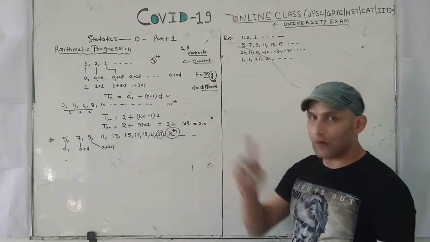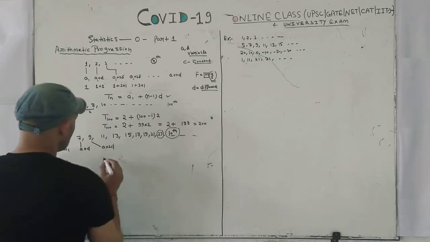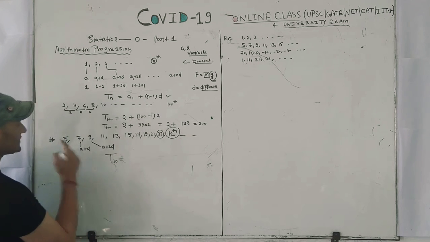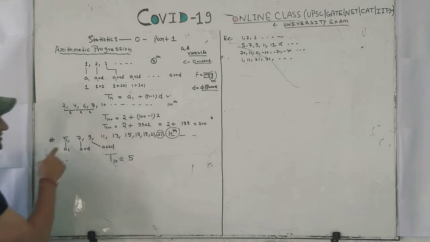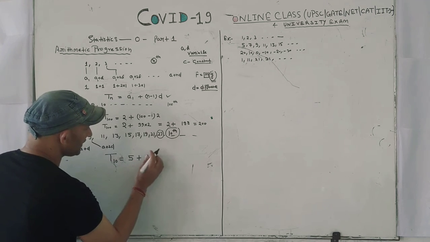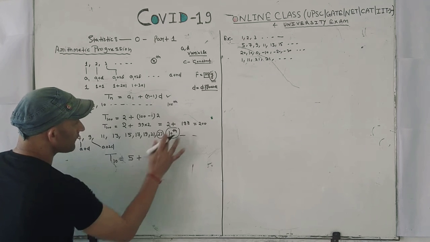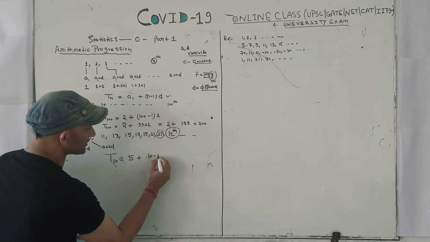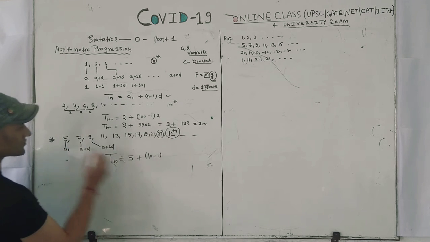Now we will check by the help of the formula. Our formula: T10 is equal to A, where A is the first value, A1, which is 5, plus (N minus 1) into D. N is 10 because we are finding the 10th place. So N minus 1 is 10 minus 1, and the difference is 2.